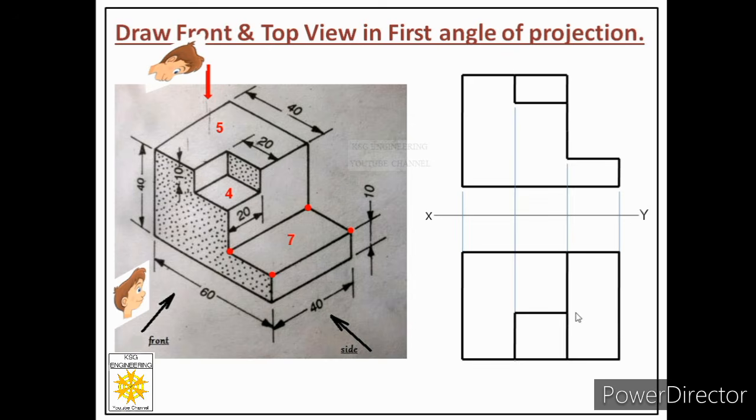So in the top view, we only see length dimensions and width dimensions. So remember, this is height because it is front. This is width because this is top. And this is length and this is also length. So length is visible in both the views, but in the front view, along with length, height is visible. In the top view, along with length, width is visible.